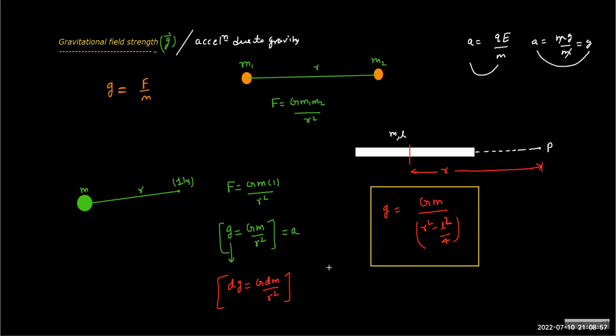And therefore, there is nothing like a gravitational dipole moment. We don't have the dipole concept in gravity. It is only possible in the case of charge. We don't have a gravitational dipole for the obvious reason: we don't have opposite charges, opposite masses, right?